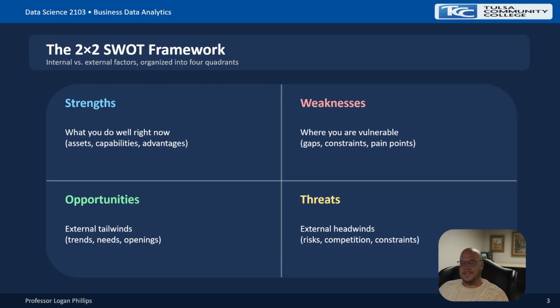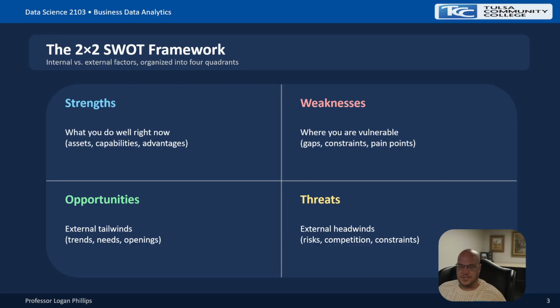Now, SWOT is organized into 4 quadrants based on one core idea. Some factors are internal to you, things you control. Other factors are external, things you don't control, but must respond to. So here's the breakdown. Strengths are what you do well right now. Assets, capabilities, advantages, resources, relationships, things you can leverage immediately. Weaknesses are where you're vulnerable.